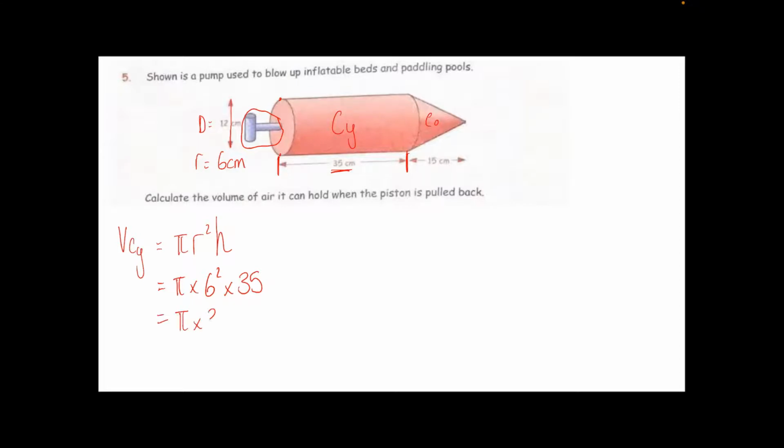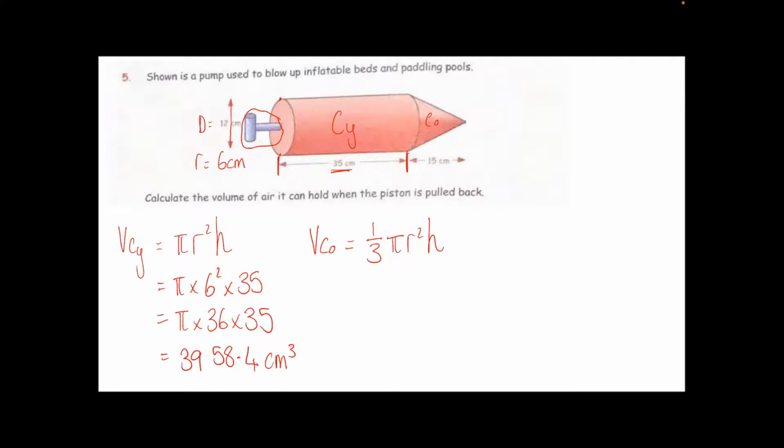Pi then times by 36, which is 6 squared, and times by 35 at the end. And that gives us 3,958.4 centimetres cubed.